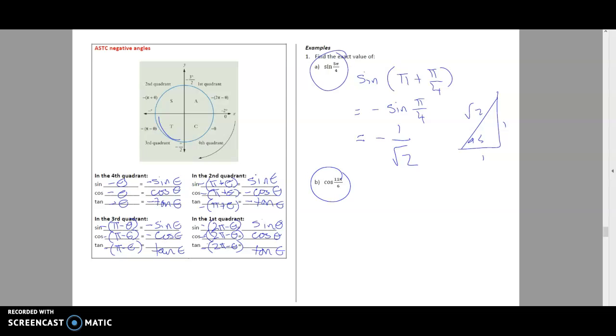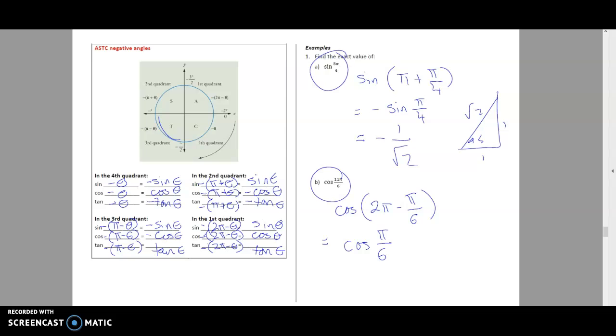Now, 11 pi on 6 is in the fourth quadrant, and it's the same thing as 2 pi minus pi on 6. And so we're actually looking for the exact value of cos pi on 6, which is cos 30.